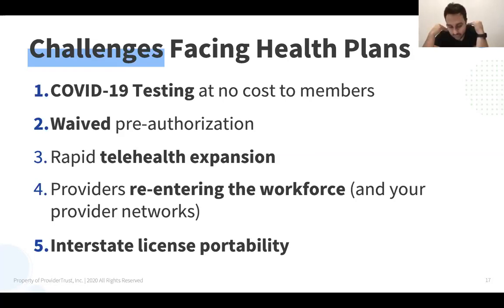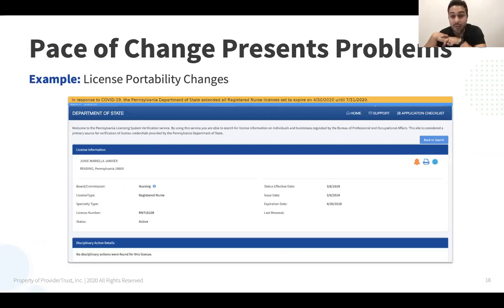That is the core of this message: how do you identify that this claim from this non-par provider is good to process so that you do not have to go recover later, and it's not contributing to the leakage problem. And so really what we've also seen is the pace of change presents a lot of problems in keeping up with non-par providers. License portability changes at the state board, just as an example, right?